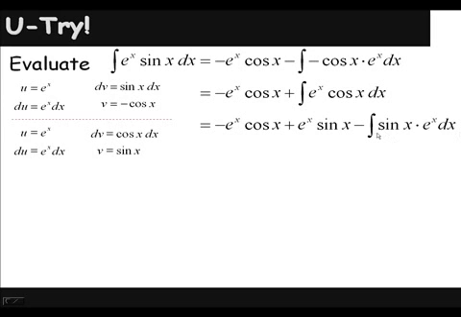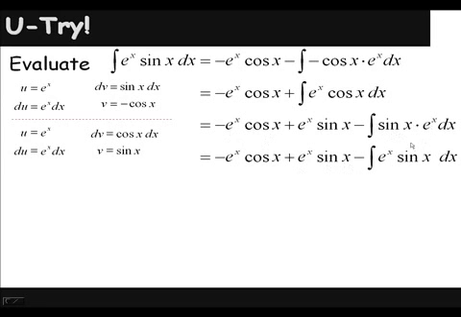Notice what happened here. This integral, sine x times e to the x dx, is exactly what we started with. So this thing equals all this minus another one of these. If we're trying to solve for this, trying to figure out what this equals, we should try to get all of that on one side. So what we're going to do is add this term to the other side.